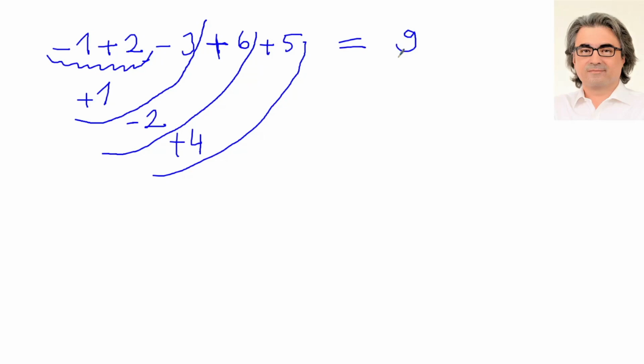And what is the sign of 9? The sign of 9 is the common sign of these two numbers, plus. Do I need to write plus here? No. If the result is positive, then don't write plus. So this is the short way.